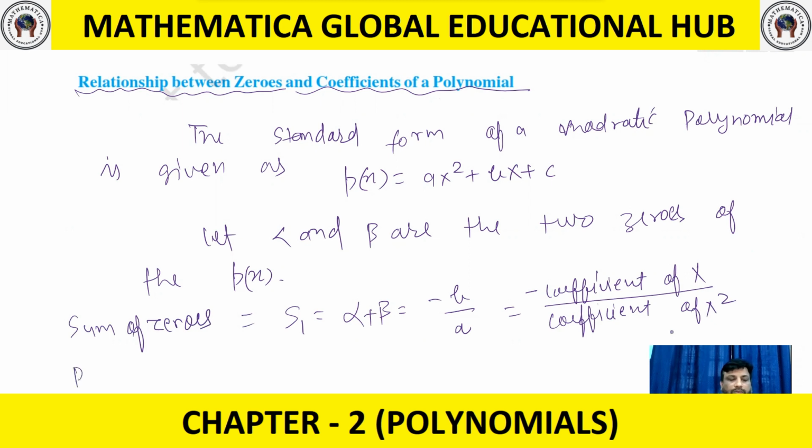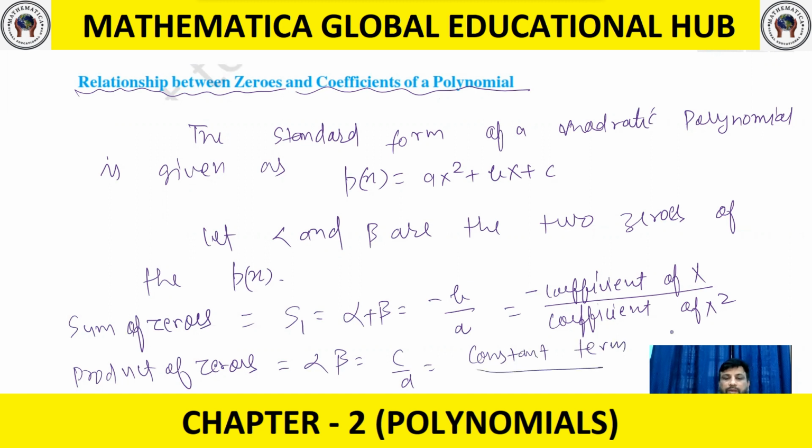Similarly, the product of zeros, alpha into beta, is c by a. Here c means the constant term, divided by the coefficient of x square.